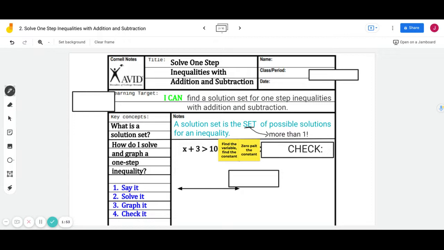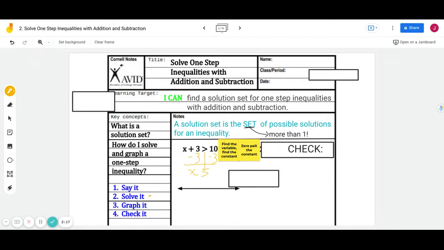So I'm going to do this step in my orange, the solving. Positive 3, to zero pair that, it would be a negative 3 on both sides of the inequality. On the left side, you're left with 1x. Bring down the greater than sign.